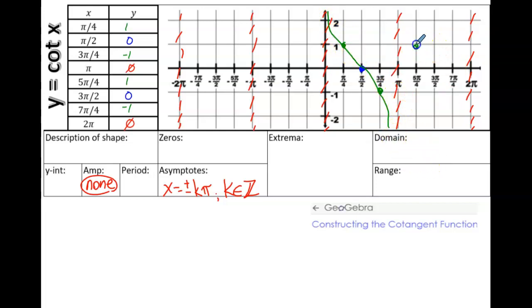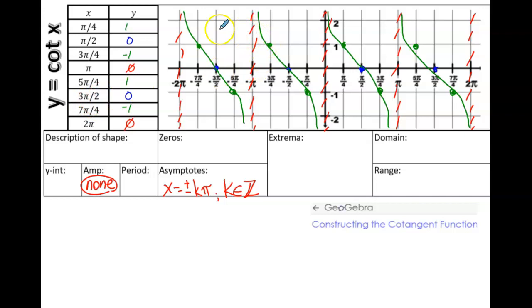So as we repeat this pattern between the other pairs of asymptotes, we can get a picture here of 4 cycles of the cotangent parent graph. So coming along those asymptotes, bending through those anchor points, and that'll be our parent graph of cotangent.